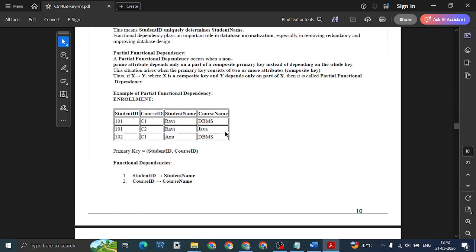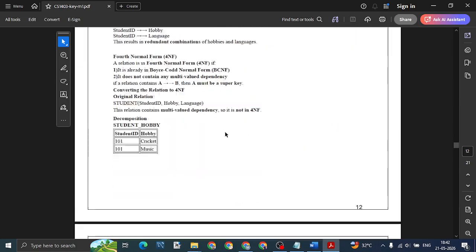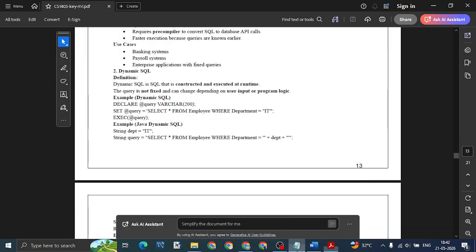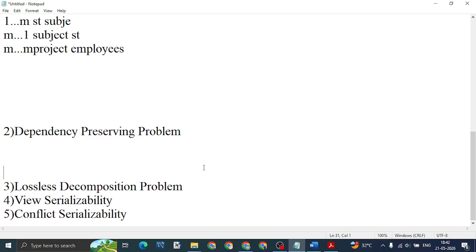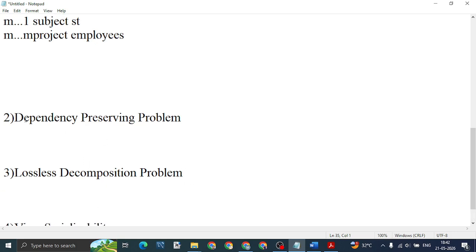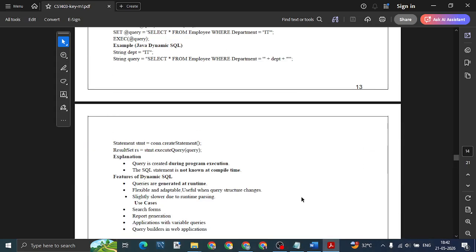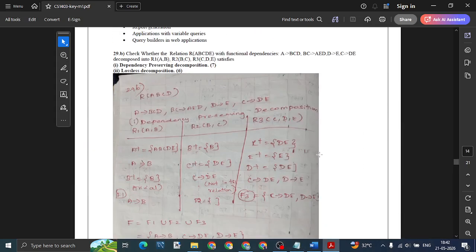Okay, now move on to the next question, which is my second topic, dependency preserving. Dependency preserving and lossless decomposition are typical problems frequently asked. So this is the question given.